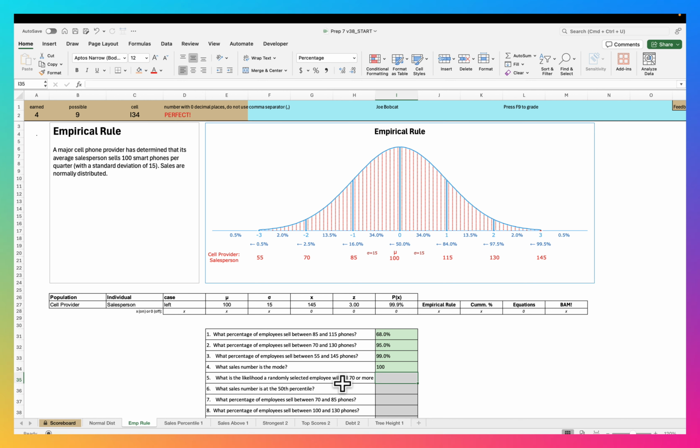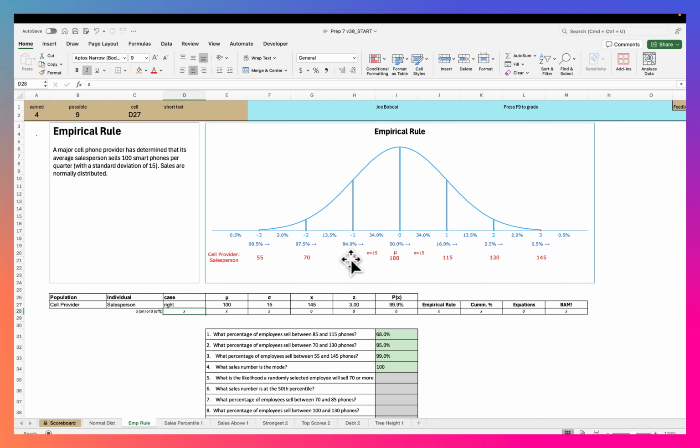What's the likelihood a randomly selected employee will sell 70 or more? So here's 70. So 70 or more is everything this way. Now, unfortunately, our cumulative distribution has shown the other way. So that makes it tough because it's looking left. We might actually be able to change that and type right. And we can.